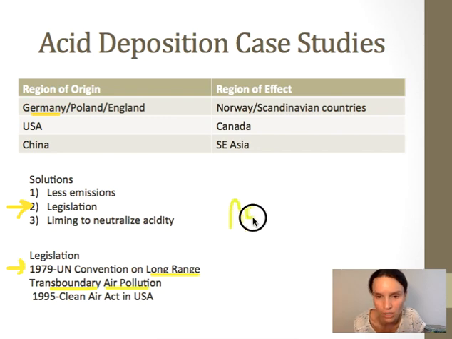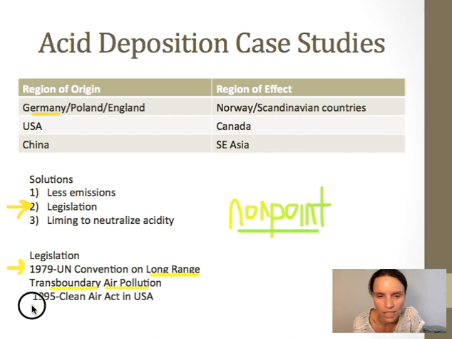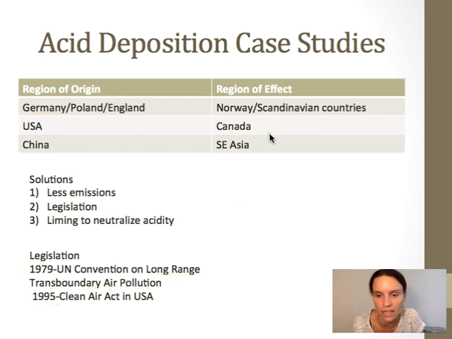It's a non-point source by the time it gets up into the atmosphere. But internationally, people are trying to have some kind of a system to regulate pollutants country by country. And that's where things like the Clean Air Act of 1995 in the United States come in. It wasn't necessarily that they were concerned about the effect on Canada, but they were concerned about the general effects of the pollutants that they were using in their factory emissions.